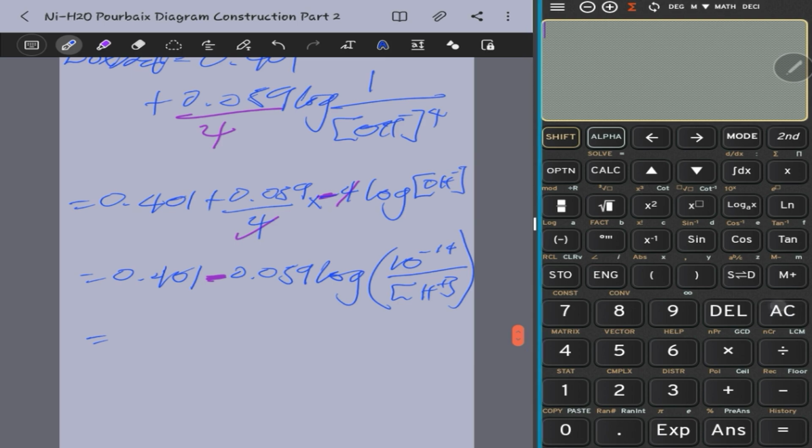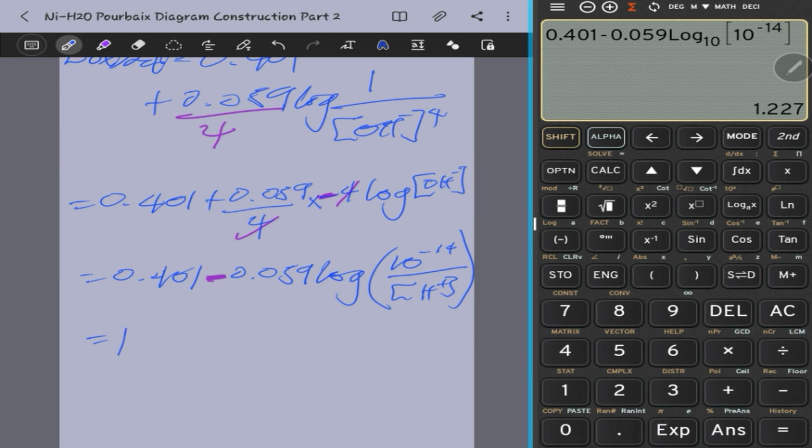So simplifying this, I get 0.401 minus 0.059 log of 10 to the power minus 14. So this gives me 1.227, just that side. So what I'll be having for the rest is minus 0.059, right, log concentration of H plus.